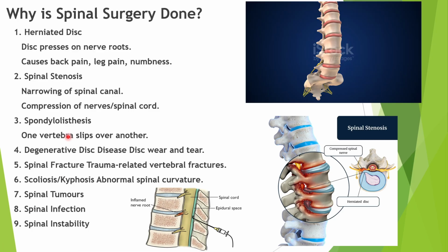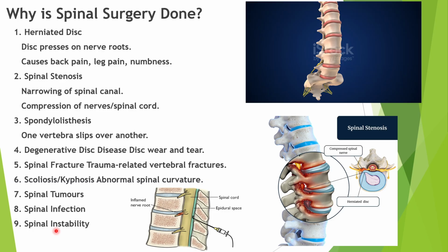The next is spinal tumors, where tumors grow around the spine and press on the spinal cord or the nerves. And the next one, spinal infection. Infection damages the bones or the discs, causes pain, and it may spread also.